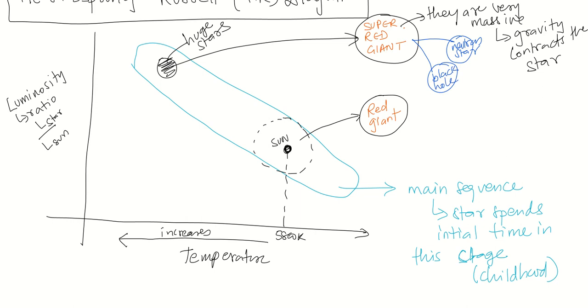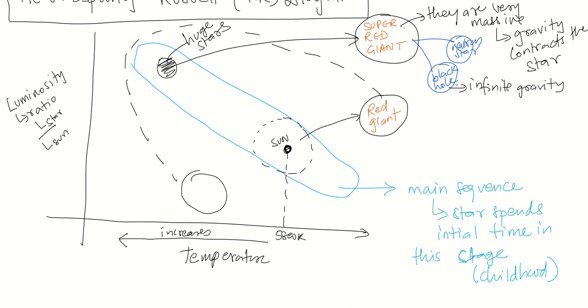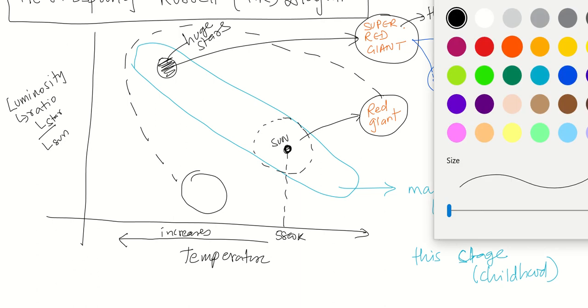And we all know that a black hole has infinite gravity. Now coming back to our red giant, after a long time, they tend to become something called a white dwarf.